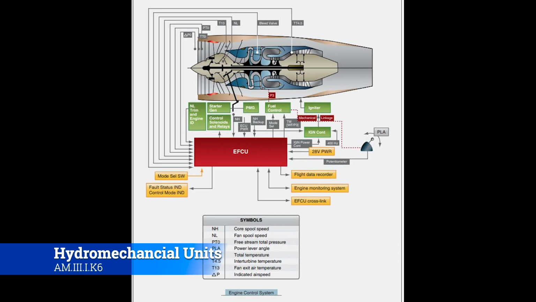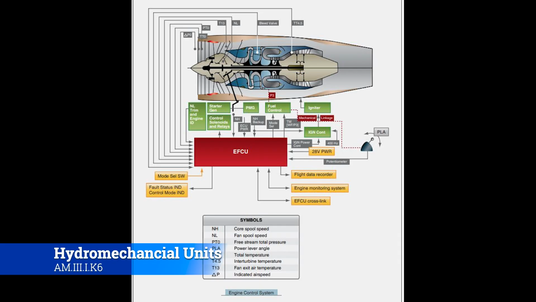Now, this isn't too terribly different than a fuel injected car. You're going to have an ECU inside of most modern vehicles that does this exact thing. It simply says, hey, look, I know that this is the throttle input, this is what the ambient, outside air temperature is, so therefore I know I need to put this amount of fuel into the engine because I don't want to be too rich, too lean, or anything else like that.